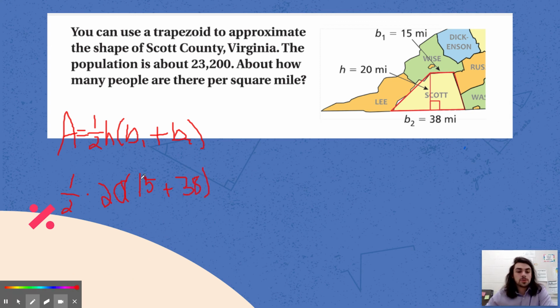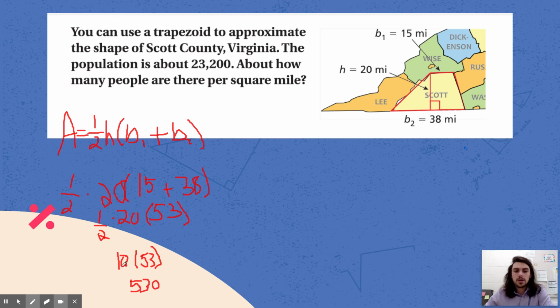I add those two together. 15 plus 38 is 53. 53 times 20 times 1/2. I know half of 20 is 10. So 10 times 53. Now that's easy. I can do 53 and then add a 0, and I'm good. So that's 530 miles squared.